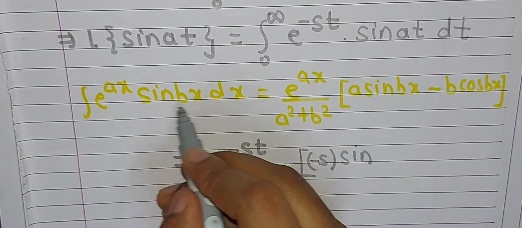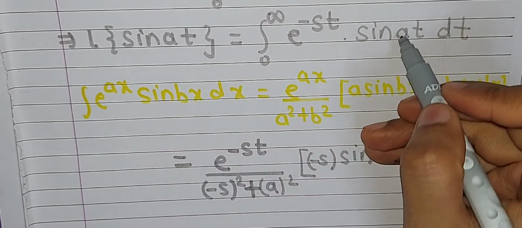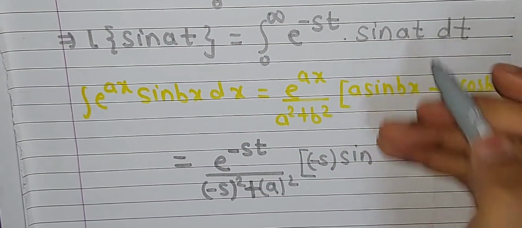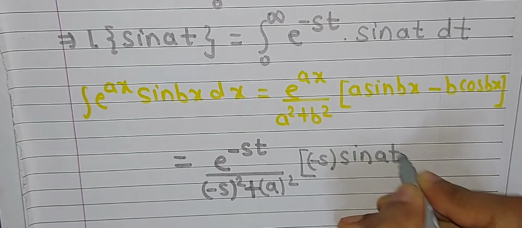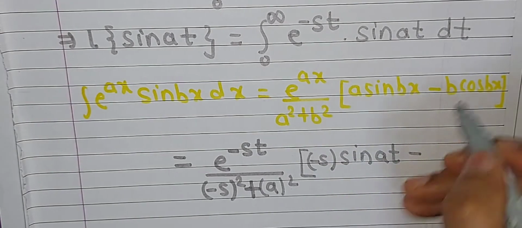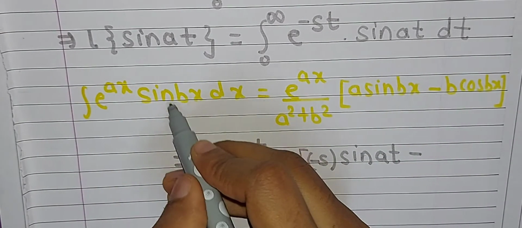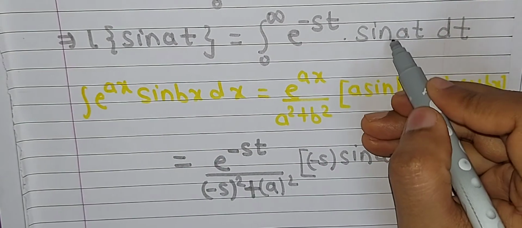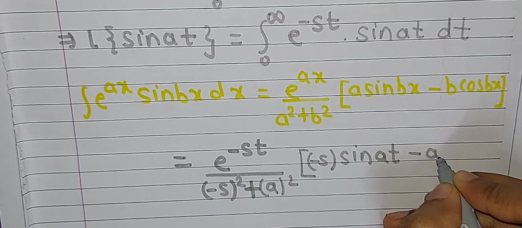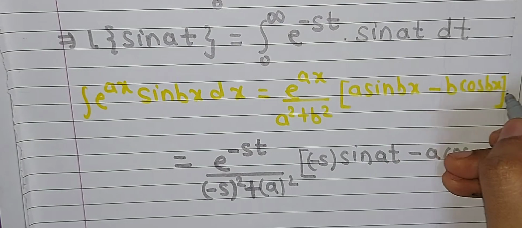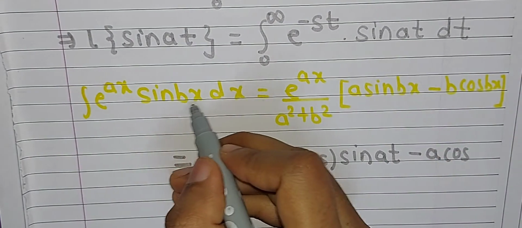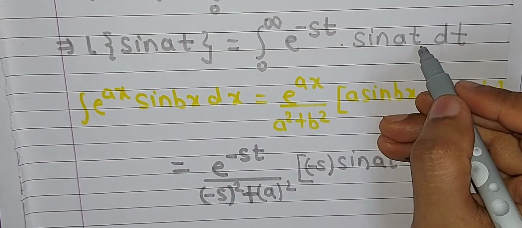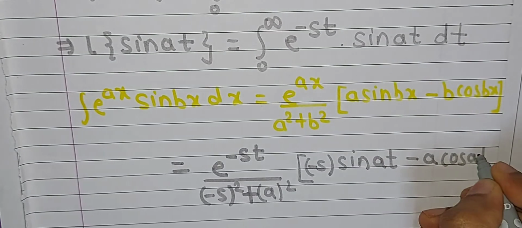b means the coefficient of t in the sine, so that is a, so sin at minus b, that is a, into cos bx, so bx means again the coefficient, so a into t.